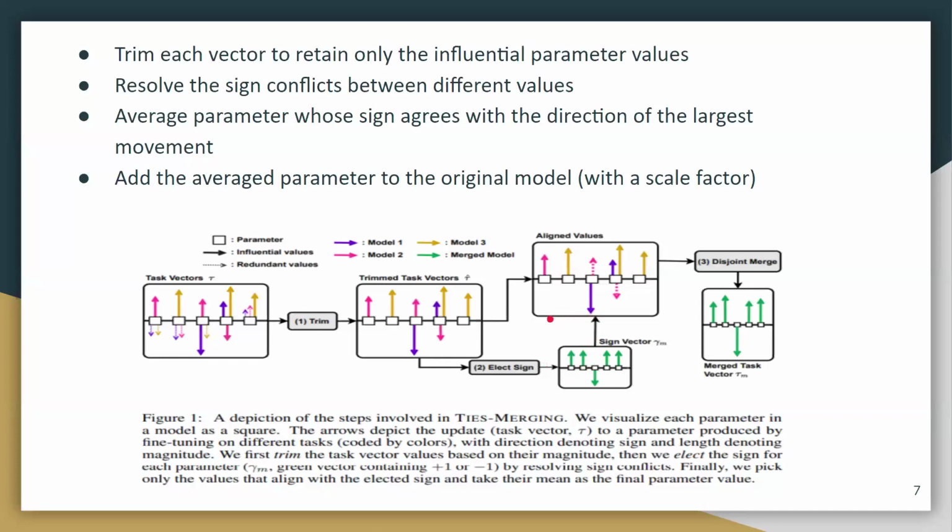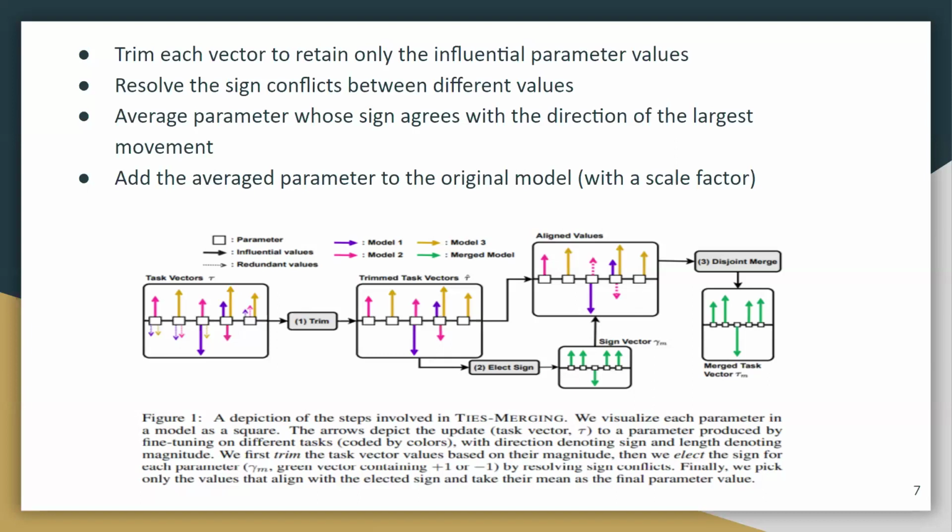After this, we merge whatever is left and compute the average. That's the basic idea to get rid of the non-influential parameters. Finally, we add those averaged parameters to the original model, and there will be a scaling factor again, so we can decide how much we want to influence the model.